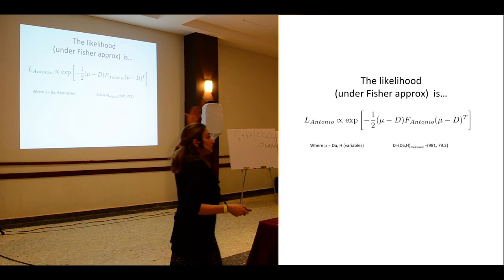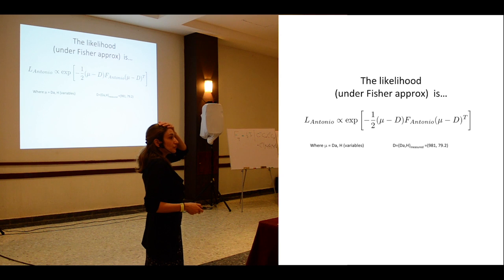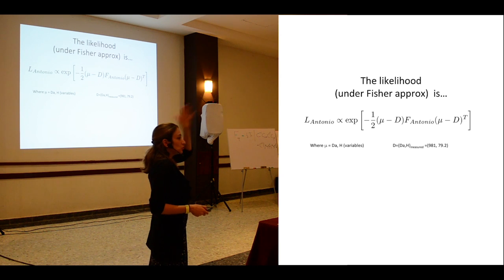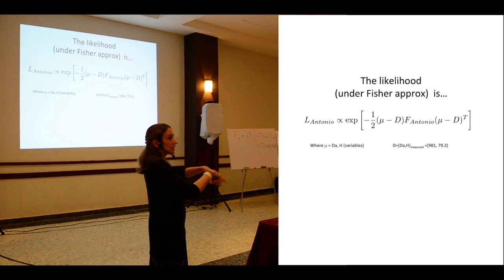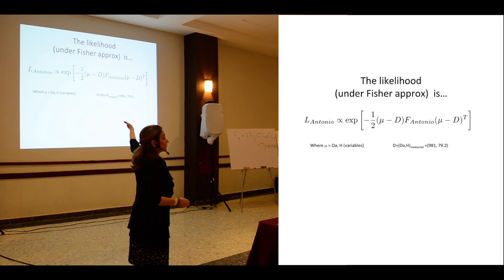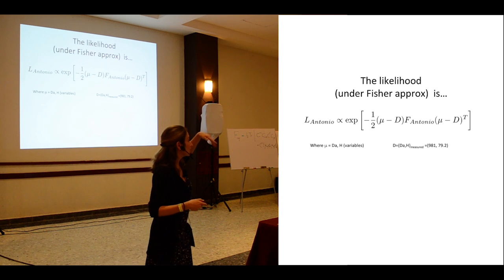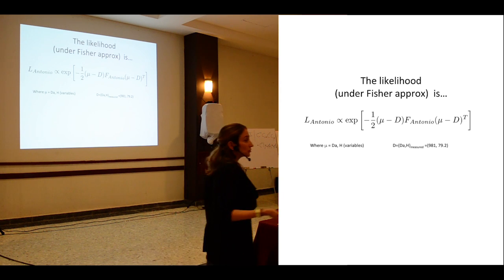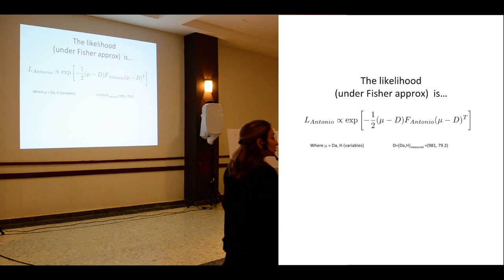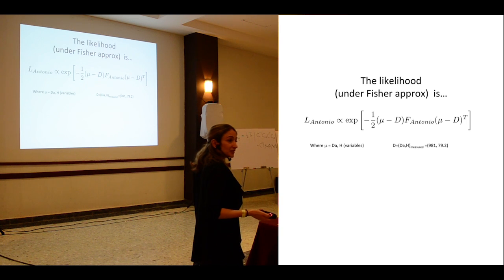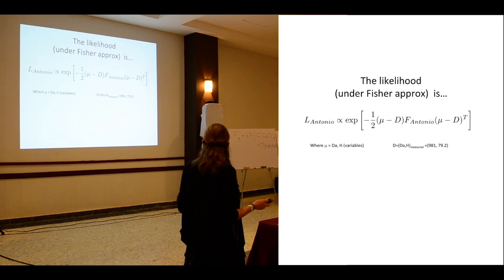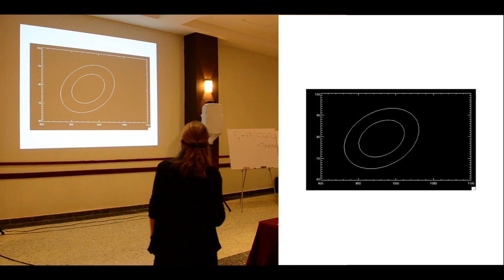Now you have all you need to do the contour plot. You go to Numerical Recipes, to this very nice table. If you take the log, this is a chi-square, so you just read from that table what the delta chi-square is that corresponds to the 68 and to the 95. If you do that, you get a plot like this.